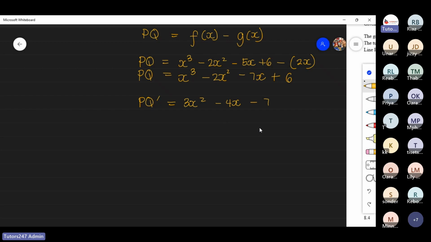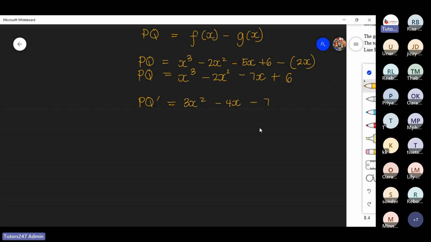So once we've derived PQ, we end up with 3x squared minus 4x minus 7. So that is it. What is the next step? We need to equate to 0.